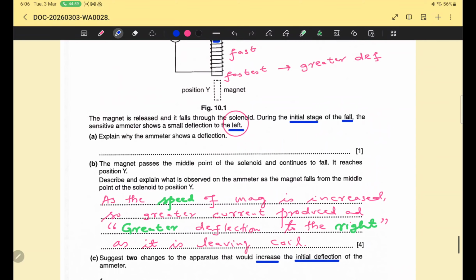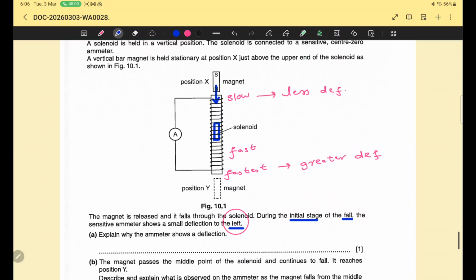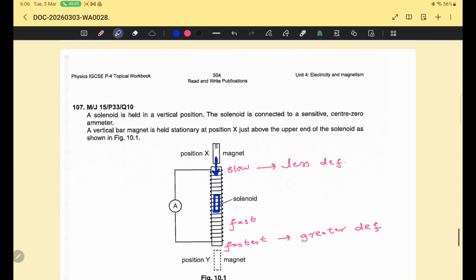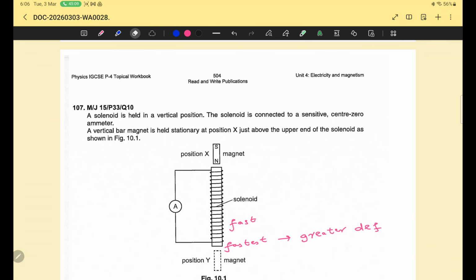Pavitra, can you suggest what we should do to increase the initial deflection?